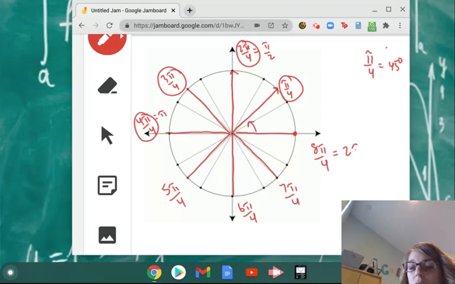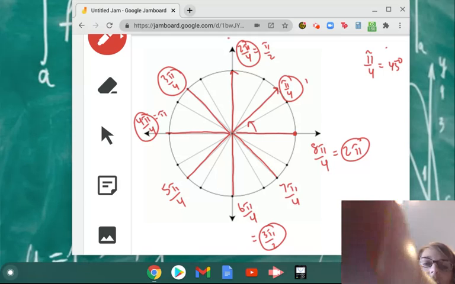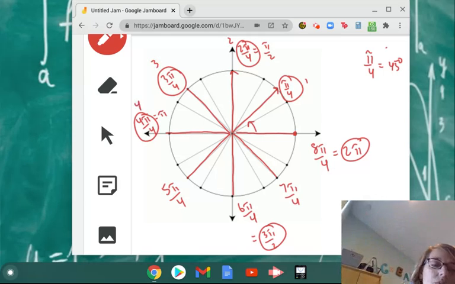A full rotation, of course, at 8 pi fourths reduces to 2 pi. I can also reduce the 6 pi fourths. That's 3 pi halves. And I think that's it. But I've counted. So as I worked my way around, I have 1, 2, 3, 4, 5, 6, 7, 8 of those. Okay, those are the pi fourths.